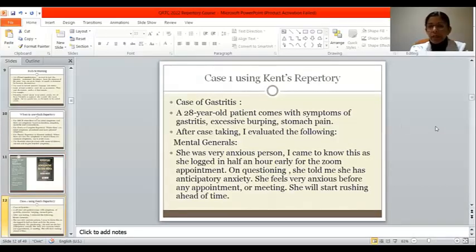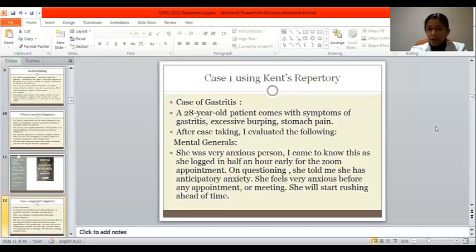So my first case where I used Kent's repertory is a case of gastritis. It's a 28-year-old patient who comes with symptoms of gastritis, excessive burping, and stomach pain. After case taking, this was my observation. I evaluated the following things.